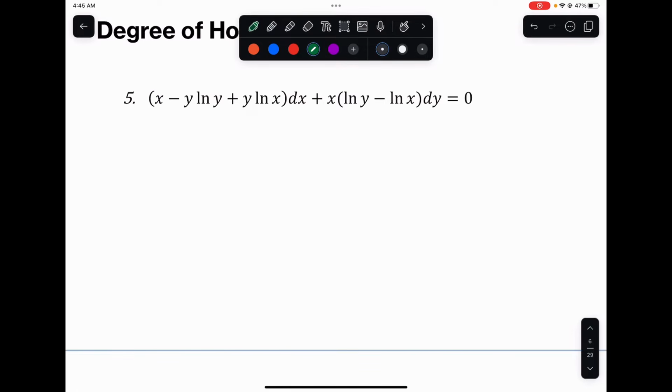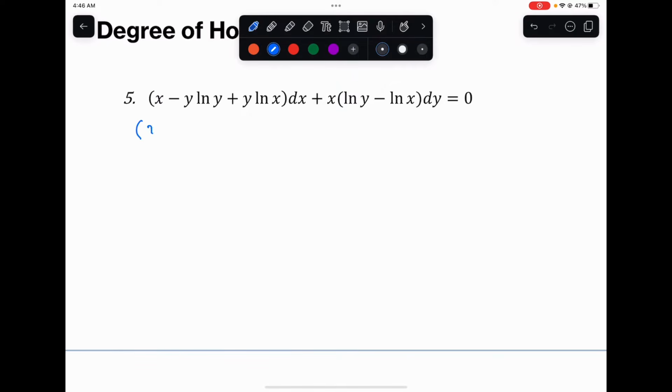So number 5. Okay, so we have x minus y ln y plus y ln x dx plus x ln y minus ln x dy is equal to 0. So what is the degree of homogeneity of this one? Okay, so is this even a homogeneous equation? Let's try to find out.